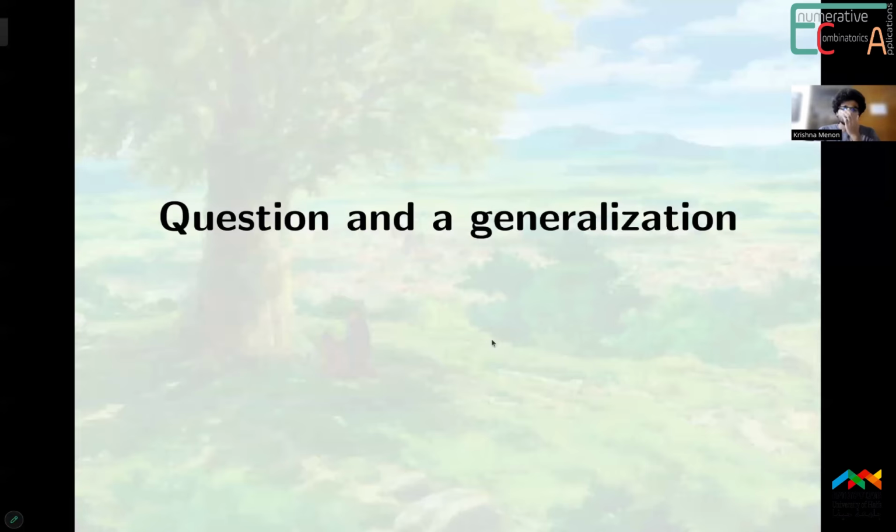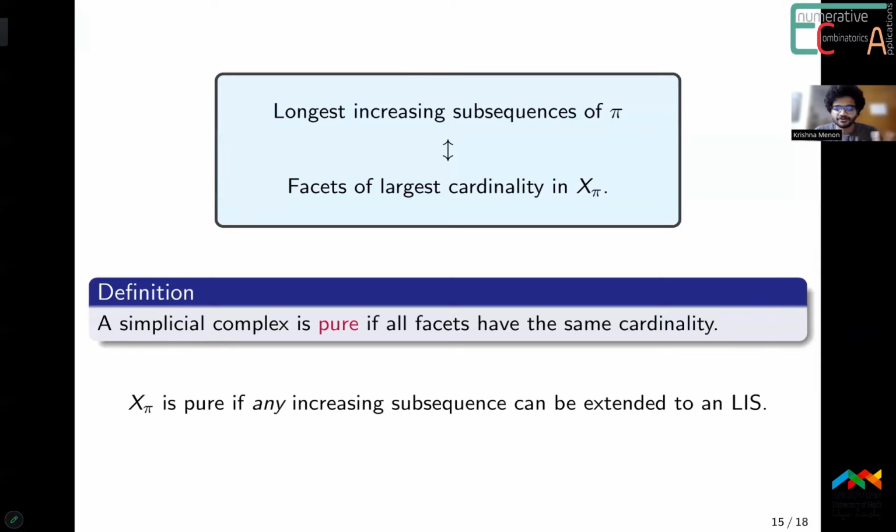Okay. So I thought I'll end with a question and a generalization of this complex. The question, I have to say, is my favorite thing to come out of this project, and it has to do with longest increasing subsequences. So this is a pretty popular topic. A longest increasing subsequence is basically an increasing subsequence of the largest possible length.